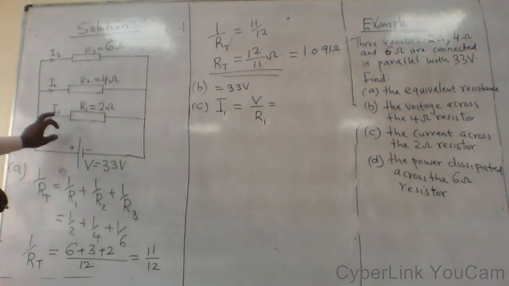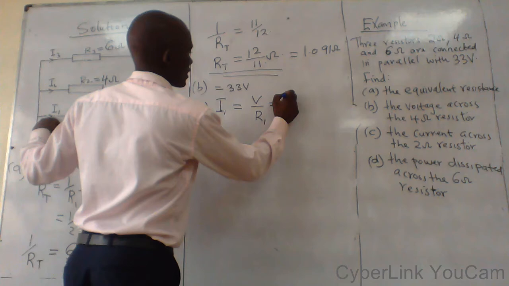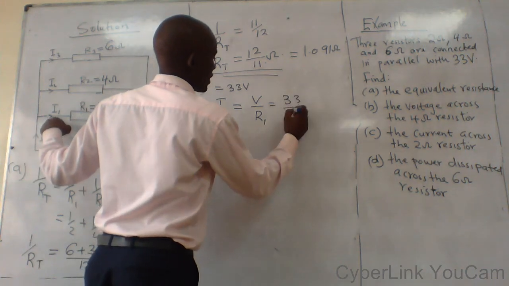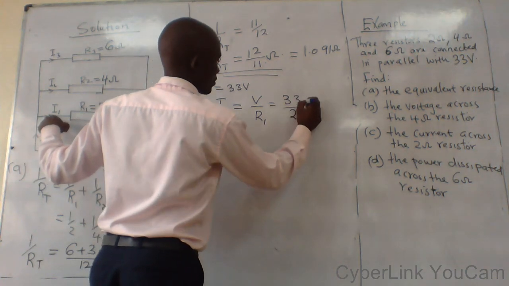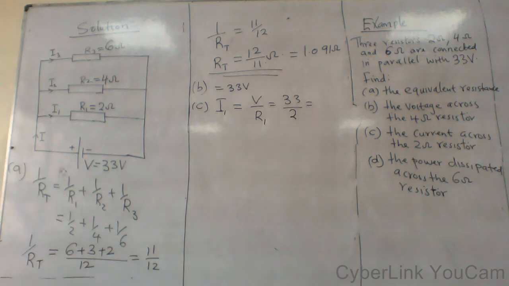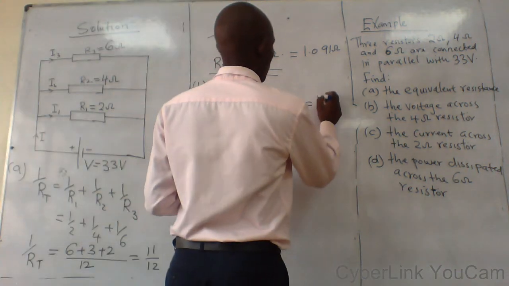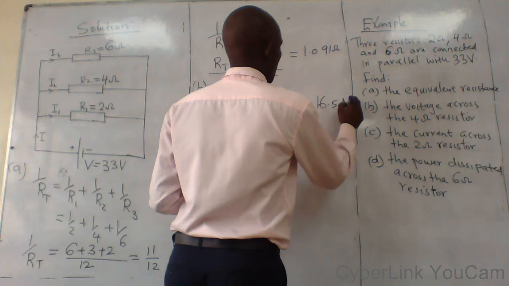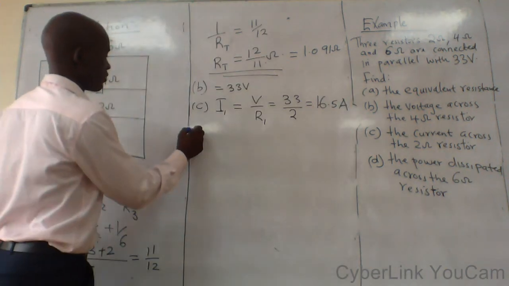So I1 will be equal to 33 divided by R1, which is 2. If you divide 33 by 2, you will get 16.5 amperes.